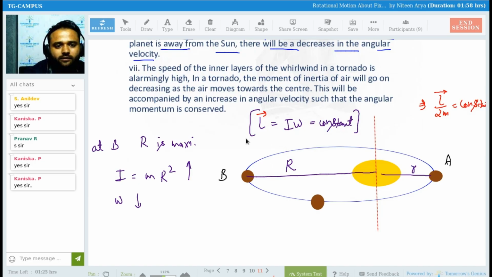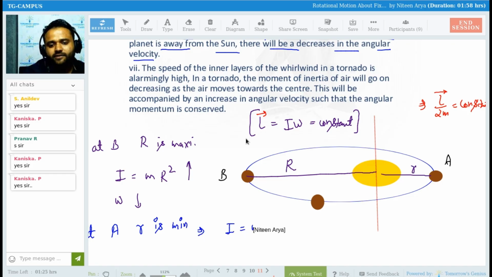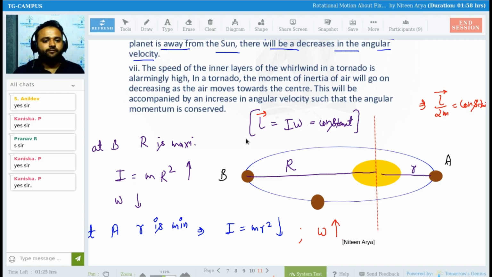What is the other position here? At particular position A, R is minimum. Clear? When R is minimum, obviously I, which is M R square, is going to be minimum. And whenever it is minimum, automatically omega, the angular velocity, is going to be maximum. Clear everyone? That is all written over there in the first paragraph.